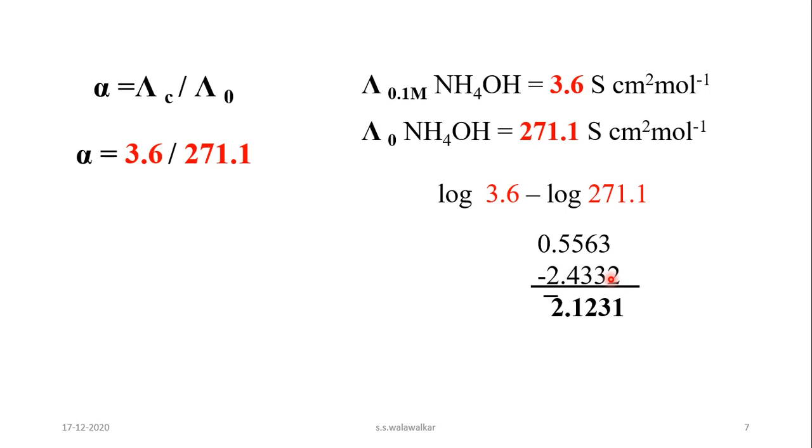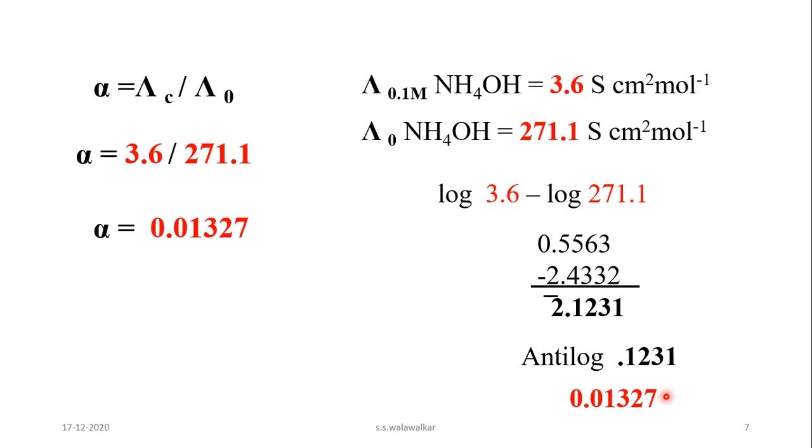So this comes to be bar 2.1231, and the antilog of 0.1231 is 1.327. Here, as it is bar 2, we have to put the decimal point like this, 0.01327.